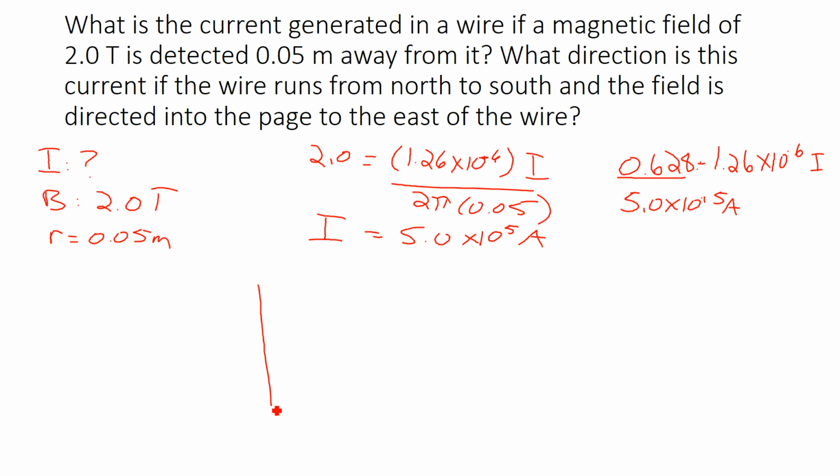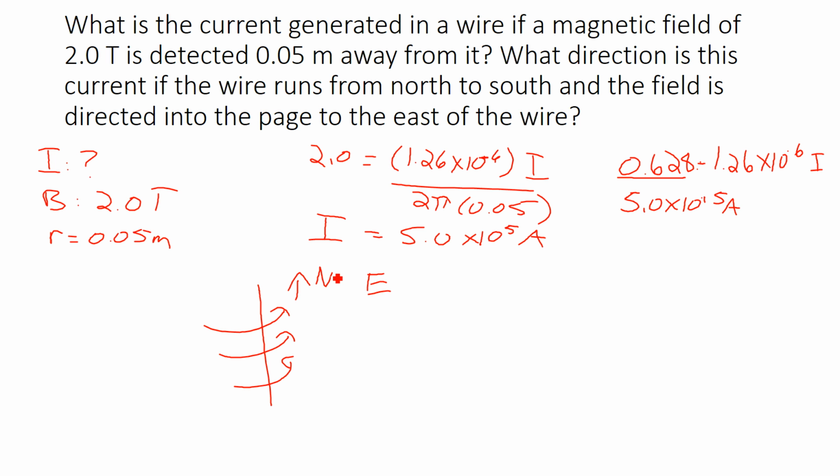Wait, here's a question. Since you're wrapping your hand around it, at some point, technically speaking, it's always going into the page. So which way is it? Okay, the field is directed into the page to the east of the wire. So here's the east of the wire, so it goes around like that, which would mean the current is going, point your thumb up, to the north.